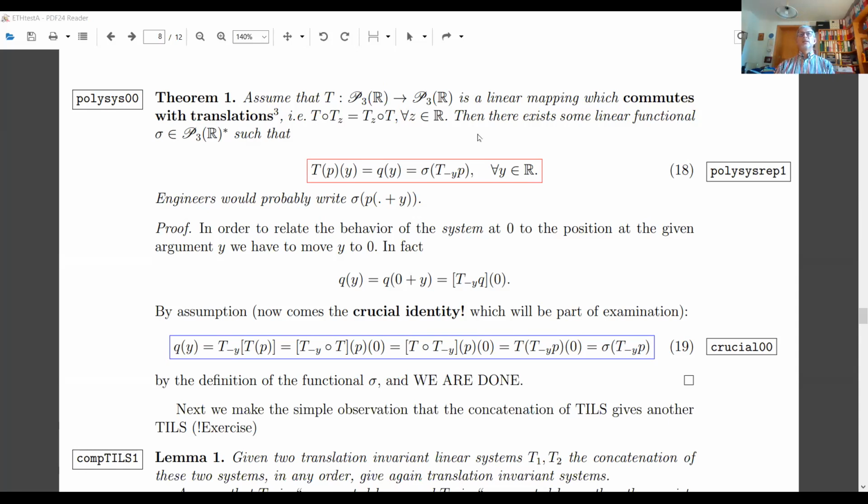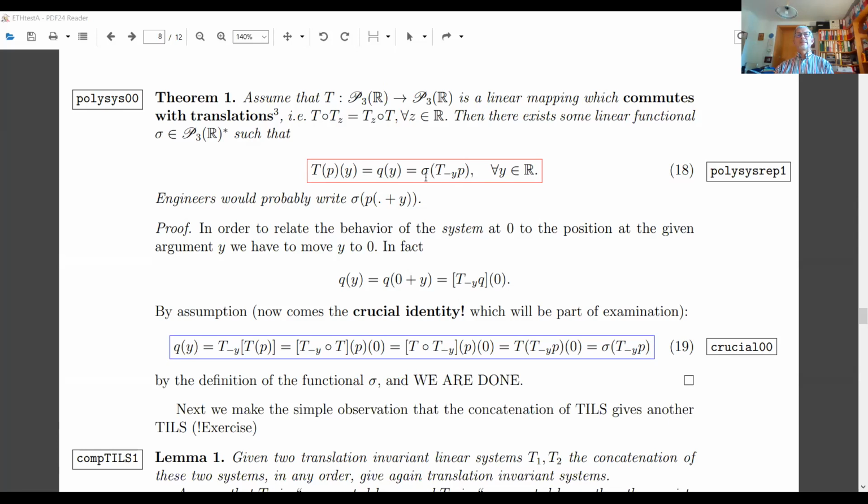Then the claim is that there exists a linear functional, something which maps cubic polynomials in a linear fashion into real numbers, in such a way that this linear functional sigma just has to be applied to the oppositely shifted T minus Y of P. So if you were asking me what is the value of the output signal, which I called Q of Y, or T of P, the image of P under the system, at any point Y, I tell you: take your input polynomial, shift it by Y in the opposite direction of the argument here, and then apply the functional.